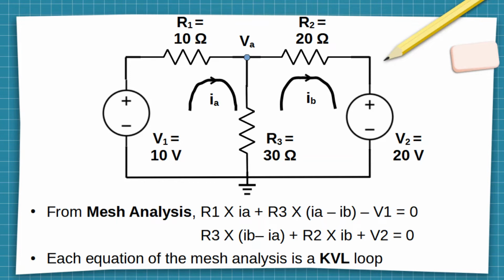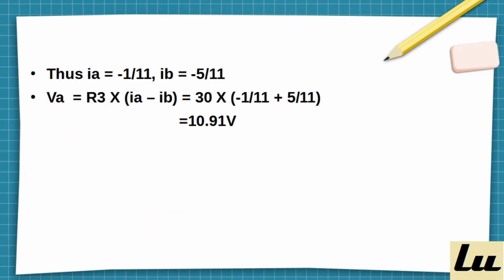R3 multiply IB minus IA plus R2 multiply IB plus V2 equals 0. Each equation of the mesh analysis is a KVL loop. Thus, IA and IB can be calculated, and then VA can be calculated based on IA and IB. Resulted VA is 10.91 volts as well.